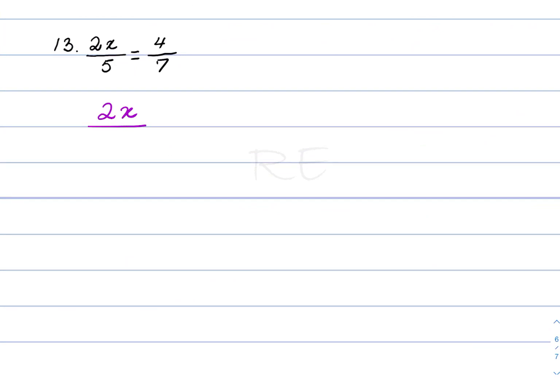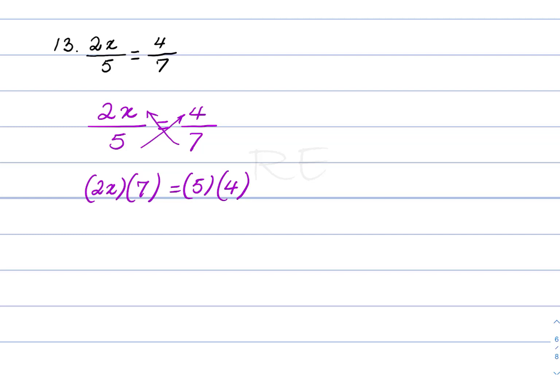We will cross multiply for 13 also. We have 2x over 5 is equal to 4 over 7. And when we cross multiply, we get 2x times 7 is equal to 5 times 4. 2 times 7 is 14.